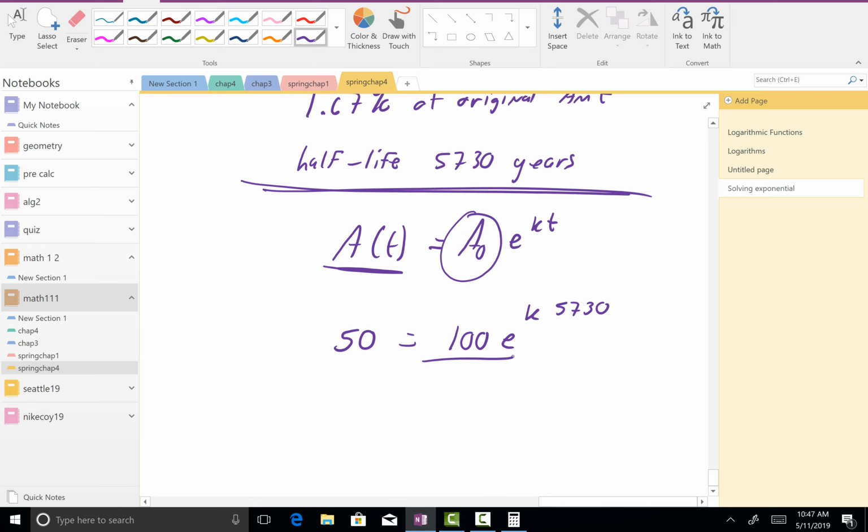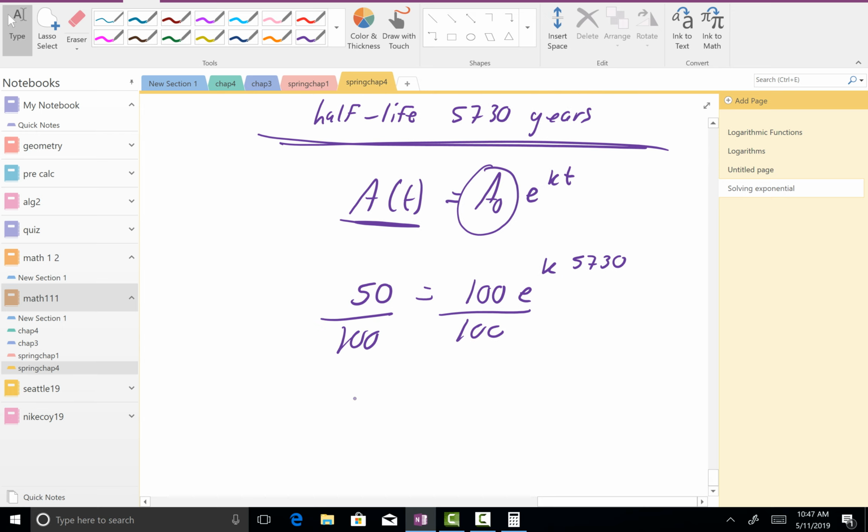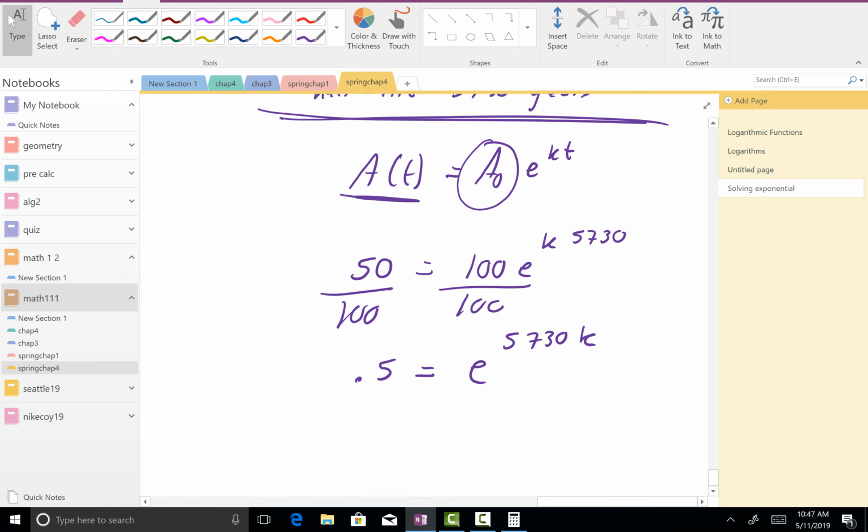Okay. So I'm going to divide here first, which is a really good idea because you want to keep that thing pretty simple. Here's our k. So what are we going to do here to solve for k? What's our strategy?